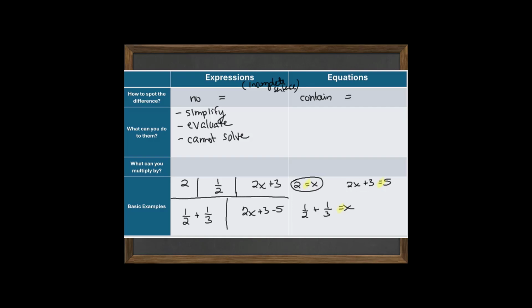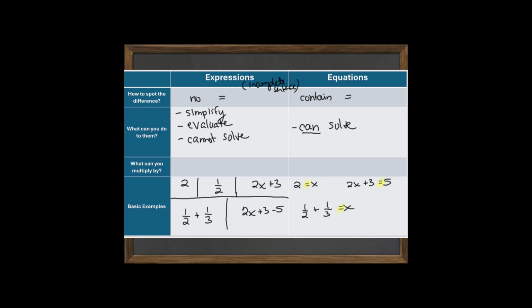Well, I don't know what x is, but, right, I can move things around until I find out what x is. Same thing down here, 1/2 plus 1/3 is equal to x. Again, I don't know what x is yet, but I can find out. Okay? So again, with expressions, you can simplify them, you can evaluate them, but you cannot solve them. With equations, you can, and in fact, usually should, solve them.